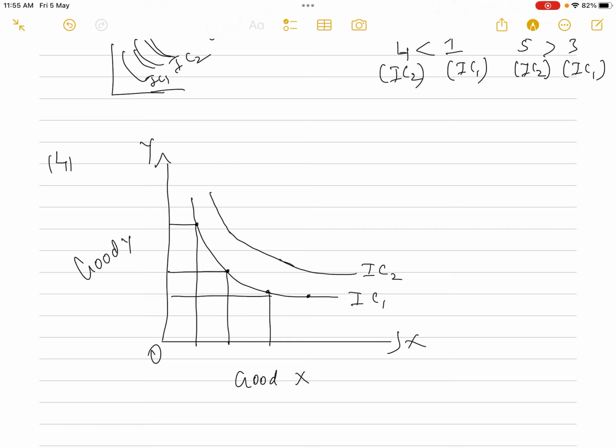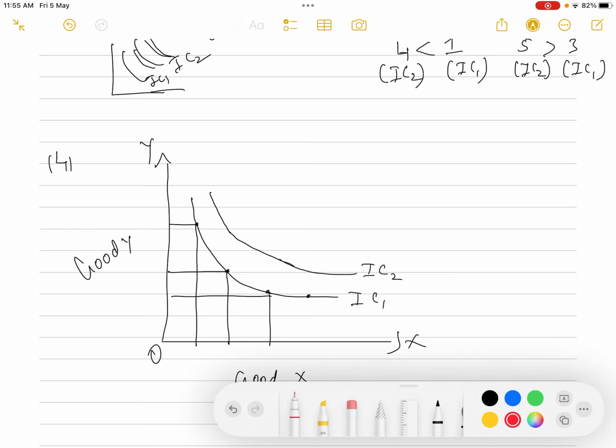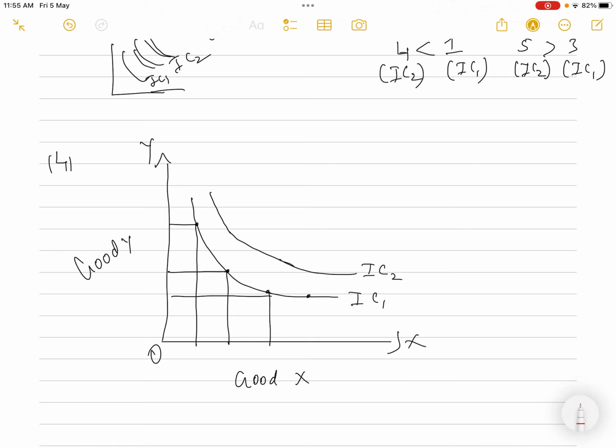Now suppose the income of the consumer is increasing, what can he do? He can purchase any of the combinations lying on IC2. So you can see that he can purchase more of any one of the commodities or both the commodities.